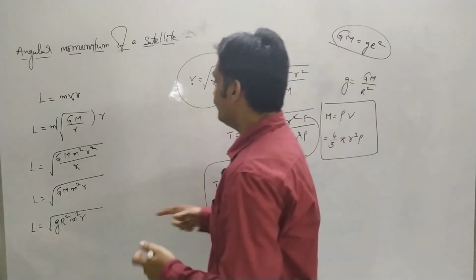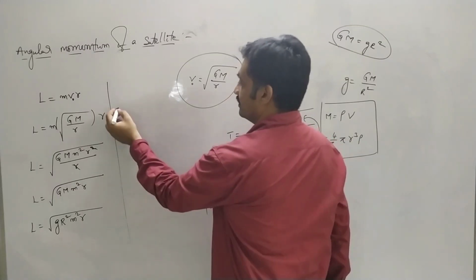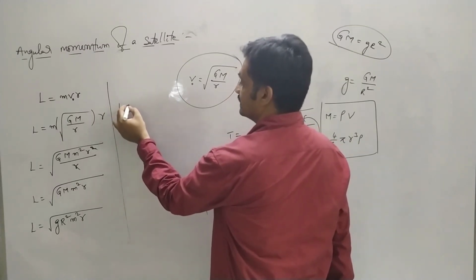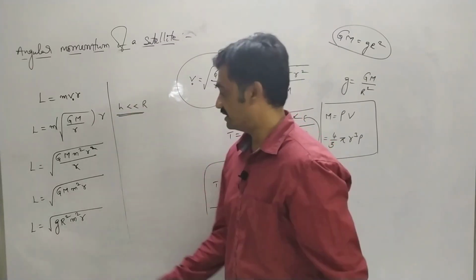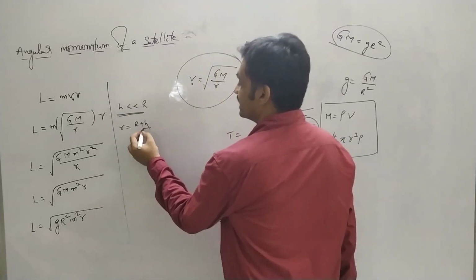Suppose we consider the height of the satellite to be negligible compared to the radius of the Earth, then this h can be neglected.